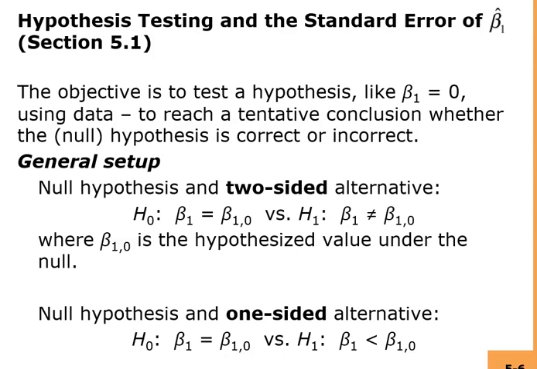So both of these will be possible when we are doing the one-sided test, but there has to be some sort of underlying economic theory which will guide us towards a two-sided or a one-sided test. In most scenarios, we'll be fine with doing a two-sided test, because there's no strong economic theory in most cases which tells us that something has to be greater or less than the other.